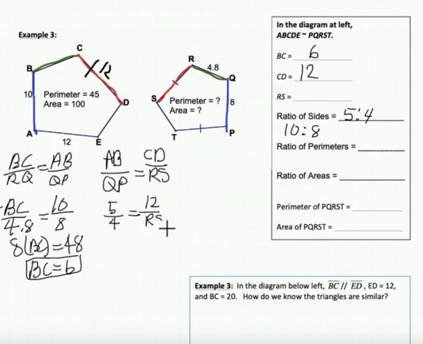And when I solve that proportion, I'm going to have 12 times 4, which is 48, equal to 5 times the length RS. And all I need to do now is divide each side by 5, and 48 divided by 5 is going to be 9.6. So RS has a length of 9.6. And I'll go ahead and mark that over here too.